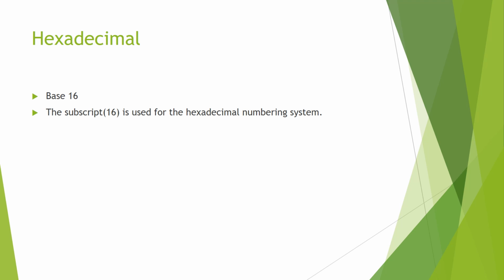And then the other number system that we have is the hexadecimal. As in the word hexadecimal, hexa means 6, while deci means 10. If we combine the two, we get 16.